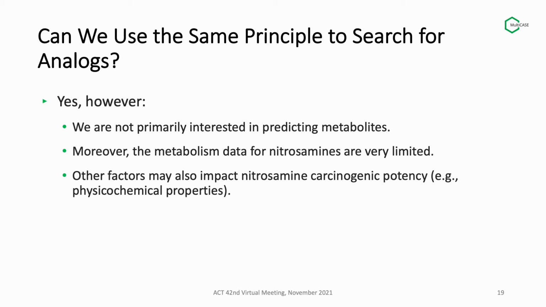The other thing is that the carcinogenic potency of nitrosamines is not only affected by metabolism, but other factors play an important role, like physicochemical properties. So we can keep this computational approach of predicting site of metabolism in mind, but we cannot use it directly. We have to do some other things to make it more useful in this particular problem.